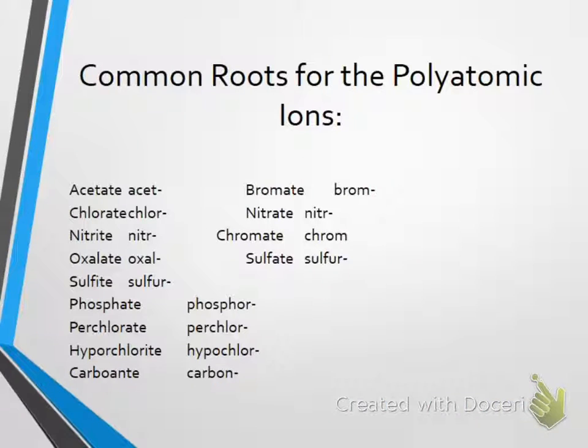All right, so let's look at some of the common roots, which I don't think are in your notes, so you can always refer back to this. Most of them are pretty self-explanatory. If you've got one of the halogens, it's just like it was when we were naming compounds, okay? The 2 that you have to be careful of is the sulfates and the phosphates.